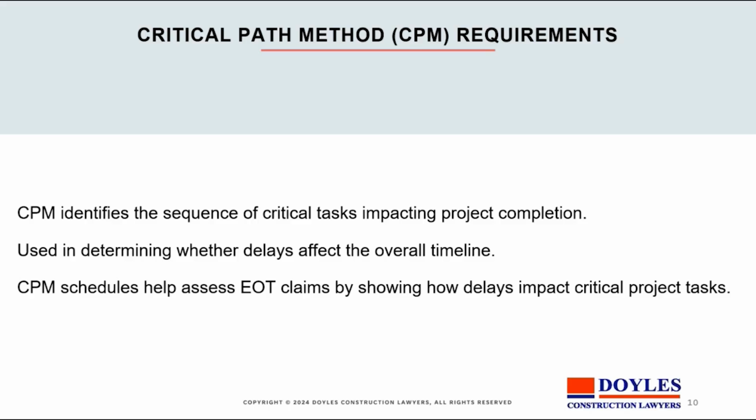So for instance, the plumbing rough-in might not be on the critical path, but on the other hand, if the plumber can only come 1 week in August, then that might well be a critical activity. So there's a bit of choice and a bit of analysis to go into deciding what items are on the critical path.